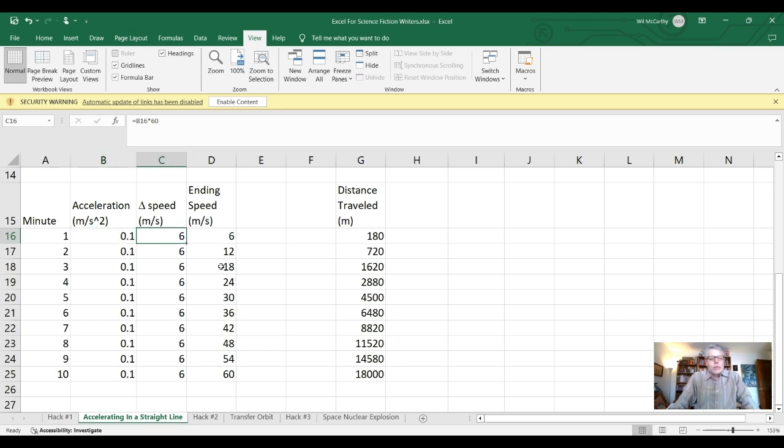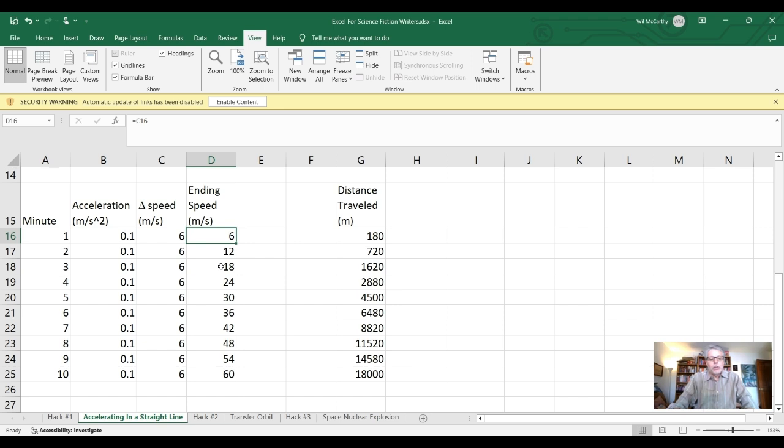So this is going to add 6 meters per second every minute. And so then we'll find that at the end of 10 minutes, we're going 60 meters per second. That's pretty fast for an astronaut to fly unprotected.